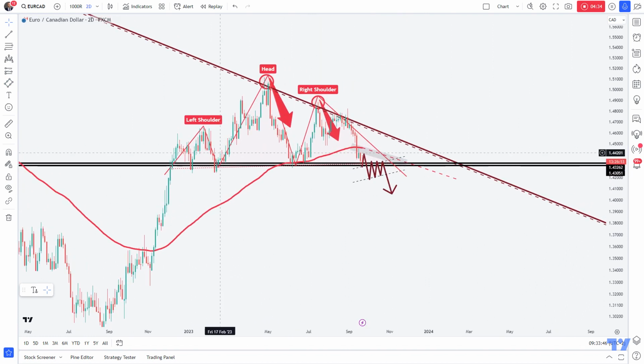This means there's a high likelihood that a next major breakdown below this 100 EMA happens, and it is going to accelerate the final breakout below the boundary neckline of this whole head and shoulders formation, from where the further continuations are likely to accelerate towards the lower levels of this whole zone.